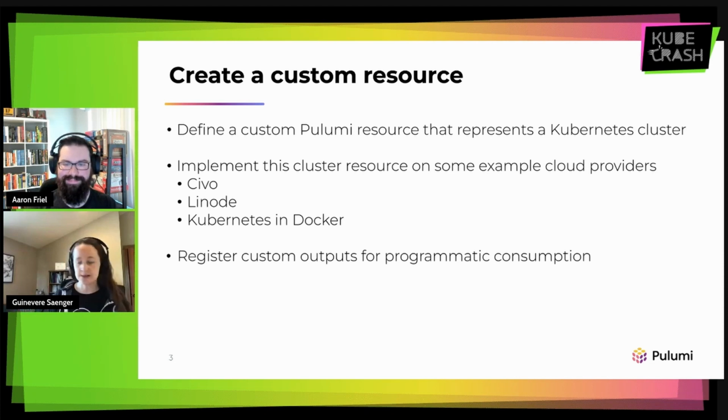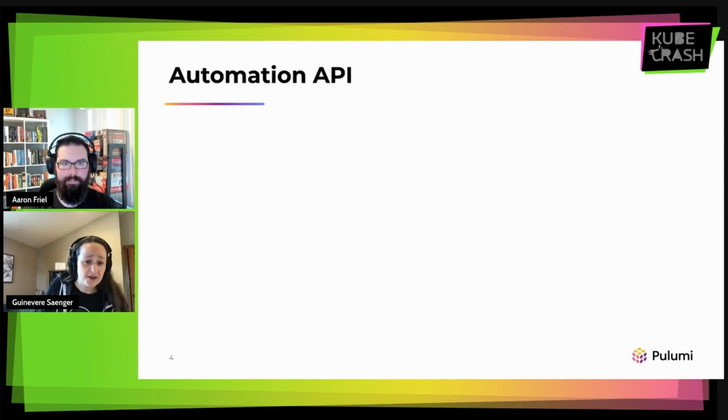Nonetheless, not less awesome. We're going to use Civo, Linode, and because I always like to check my things locally, we're going to also bring up a Kubernetes and Docker cluster, all of this using Pulumi. Then Aaron is going to show you how to hook up our custom resource to the Pulumi Automation API.